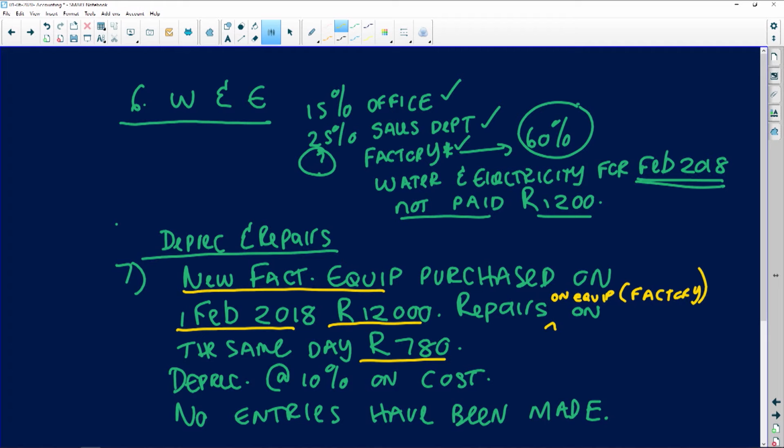And then they tell me depreciation at 10% is written off on the cost price method. No entries have been made. So clearly I bought new equipment for the factory. This was not recorded, which means no depreciation was provided on the new equipment that was purchased.